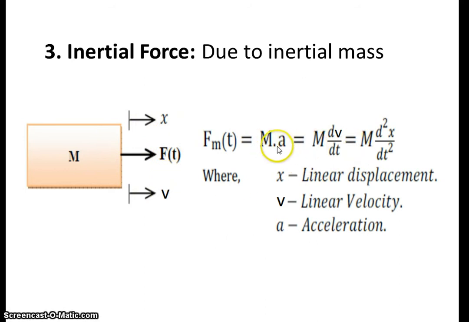So the mass times the acceleration is the inertial force. Acceleration, as we know, is the first derivative of velocity with respect to time, and velocity is the first derivative of displacement with respect to time. So acceleration will be the second derivative of the displacement with respect to time.